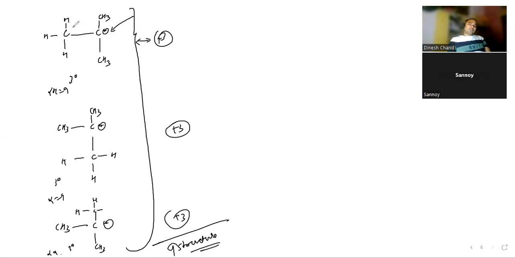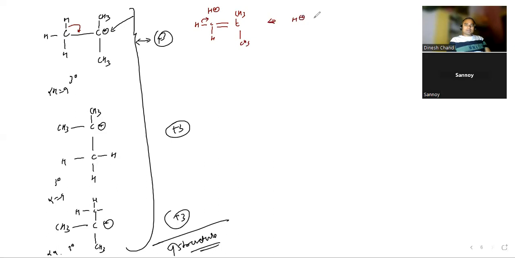Getting? Suppose the first one I am making, if you see the first one, this bond is shifting here. So here is H, C, here is H, this will be the H plus, double bond C, here will be CH3, this is CH3. Next case, this one will be shifting here. So what will be the other hyperconjugating structure?